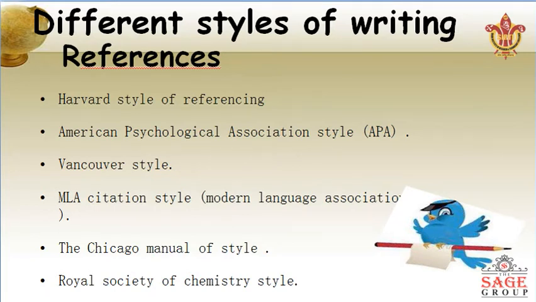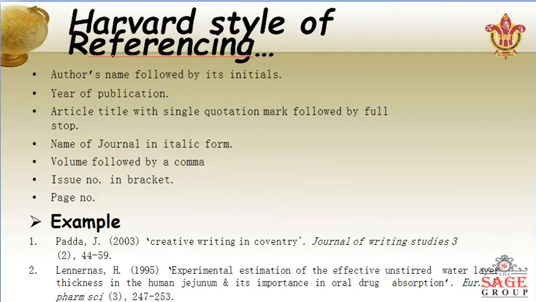What is the Harvard style of referencing? Let's see an example. Here is the author's surname followed by the first name. Then in brackets we have the year of publication, then in single quotes the article title. Then we have the journal title in italics, meaning the name of the journal in italics, then the volume number followed by the issue, and then the page numbers of that article.